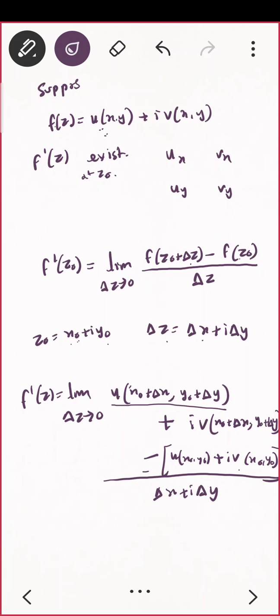What is your real and what is your imaginary part there?